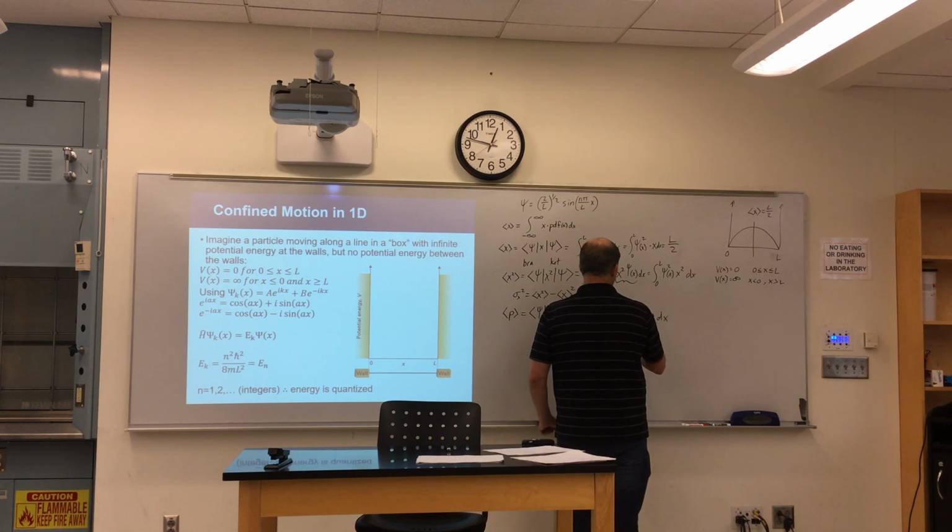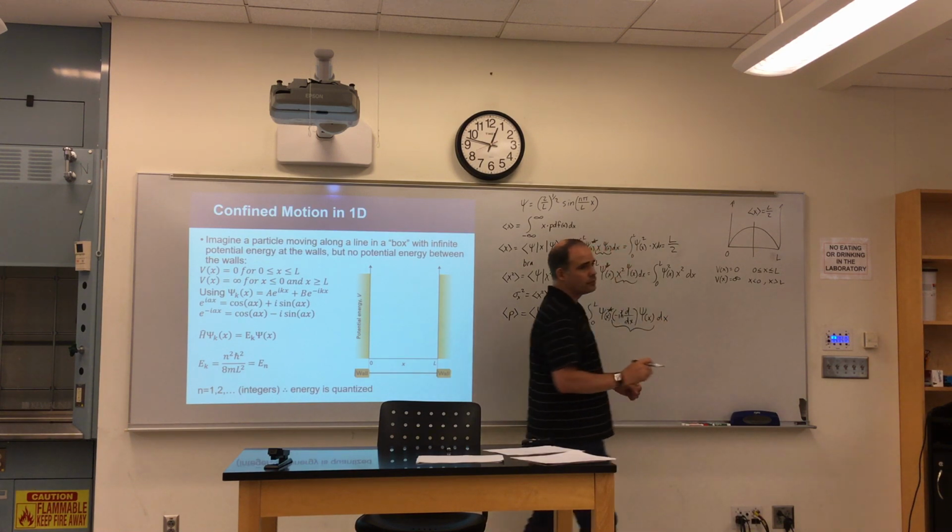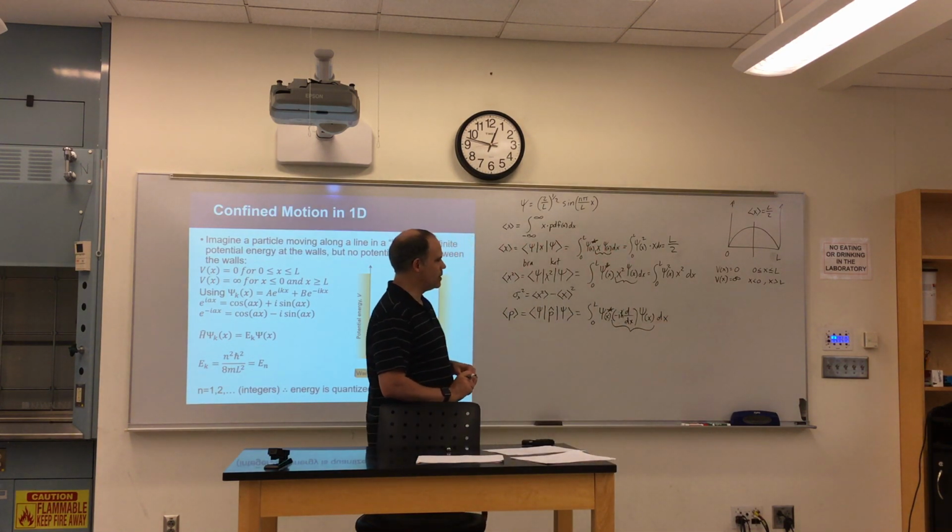So the first thing you have to do is apply these two together, so you would end up taking the derivative of your wave equation and then multiplying it by your wave equation.